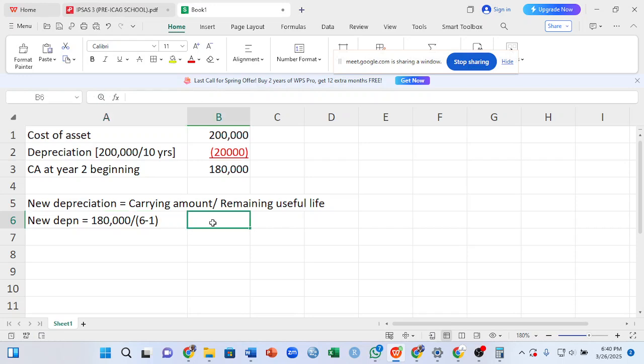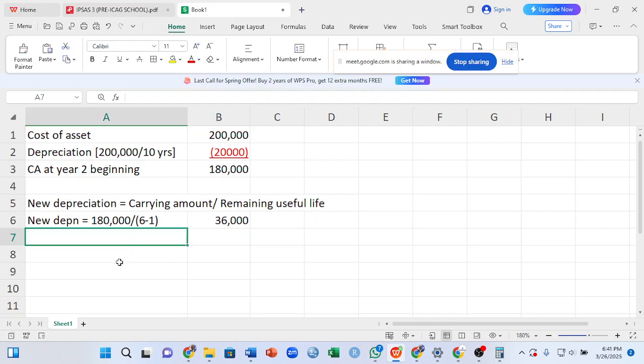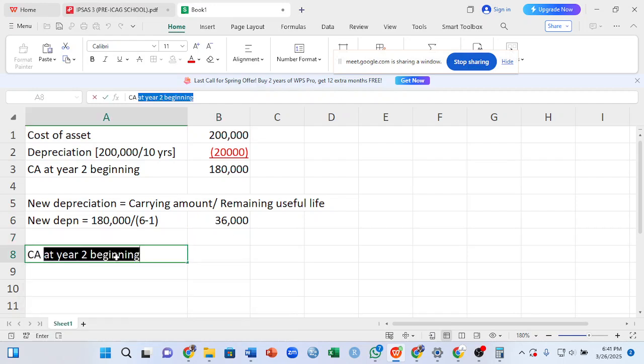So what will be our answer? The new depreciation: 180,000 divided by 5. What do you get? 36,000. And here we'll subtract it from, let's look for our current amount now. Current amount at year two ending.